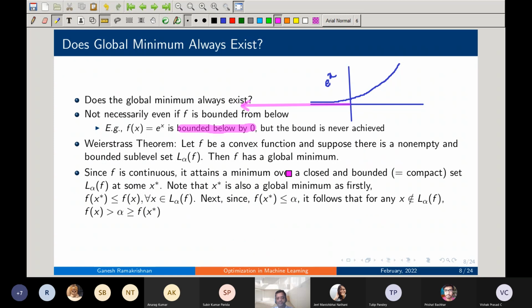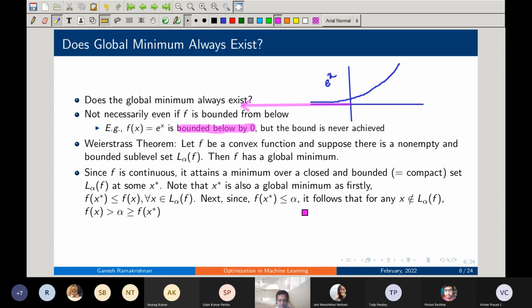Okay, so since f is continuous, it attains a minimum over a closed and bounded, that is compact, set at some point x star. So x star is also a global minimum, because f of x star is less than or equal to f of x for all x in L alpha.